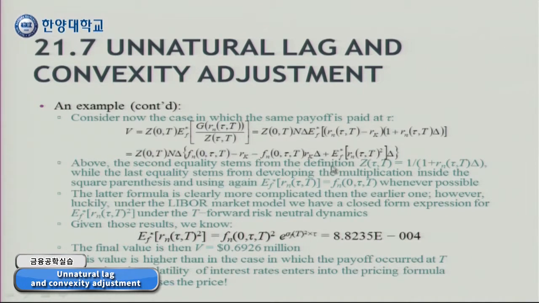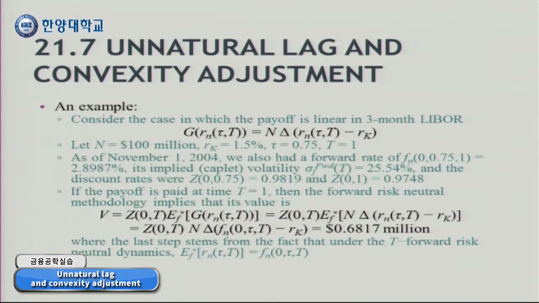If future interest volatility is higher, it means the value of this contract increases. This is very interesting, because the payoff of this contract is simply a linear function of the future interest rate. But how come the value of this one is increasing in the volatility of Rn? That's a very, very interesting part.